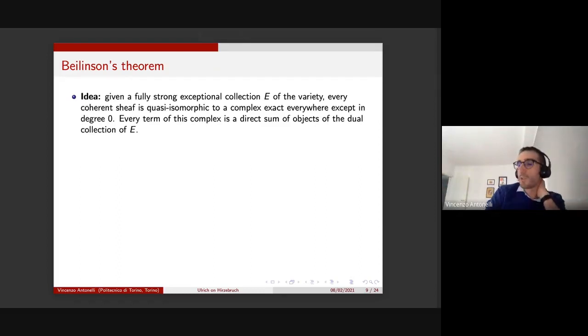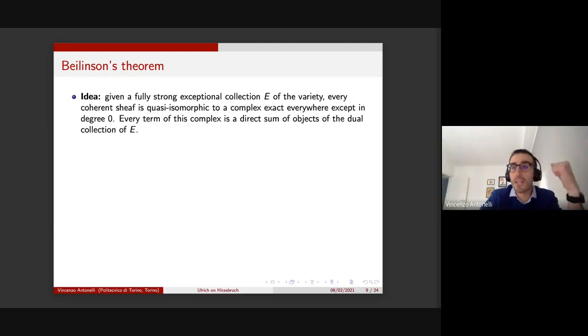So the idea is to apply a Beilinson type theorem. I was lucky that in the previous talk, it was stated the original version of the Beilinson theorem, the one of the projective space. But actually, you can do something on other varieties if you have the additional property that the collection that you're considering is a fully strong exceptional collection of locally free sheaves.